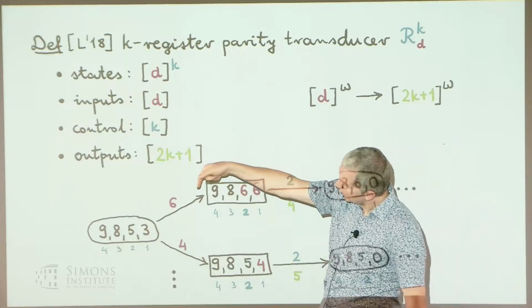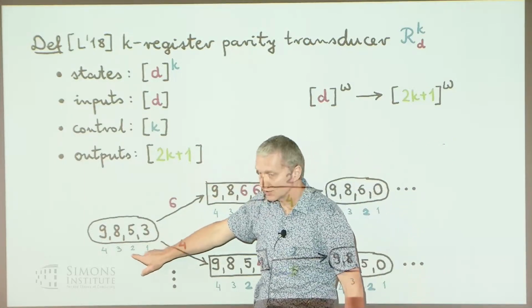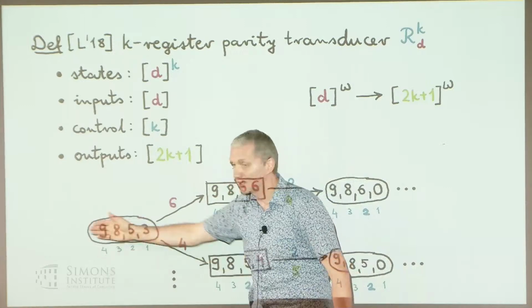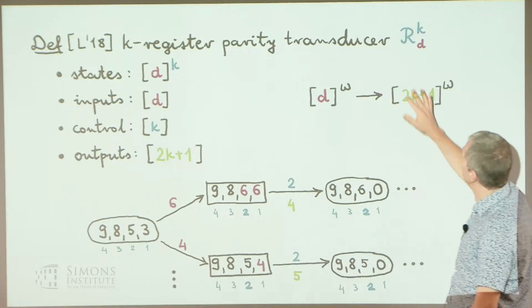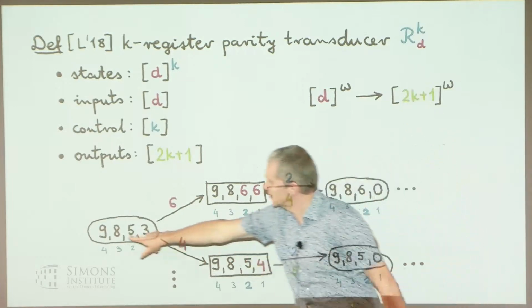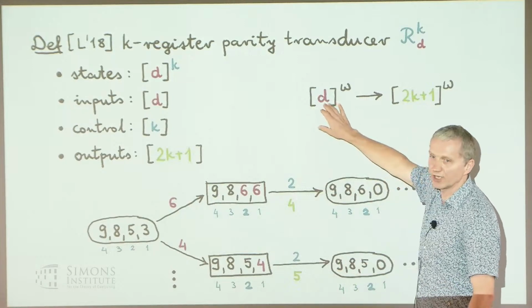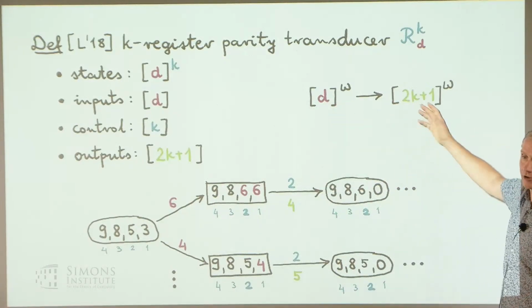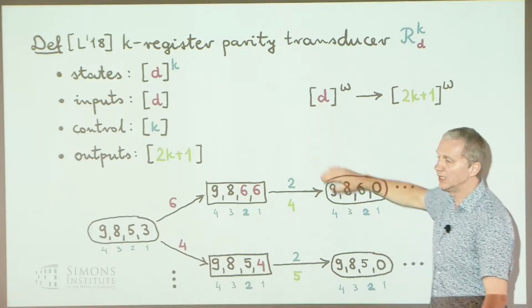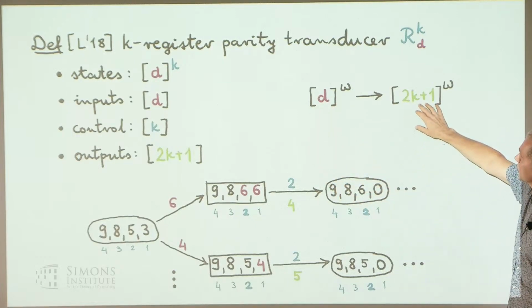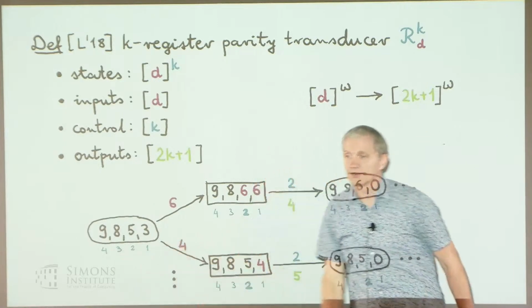They are ordered: if we call this register 1, register 2, register 3, register 4, then they are non-decreasing in this order. The transducer consumes priorities in the range from 1 to d, but it outputs priorities in the range from 1 to twice the number of registers.